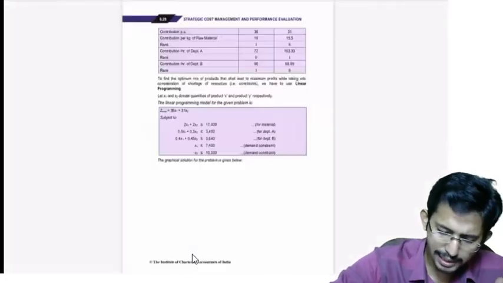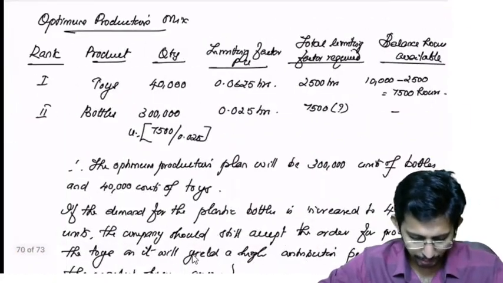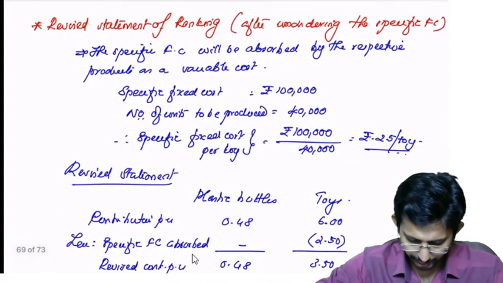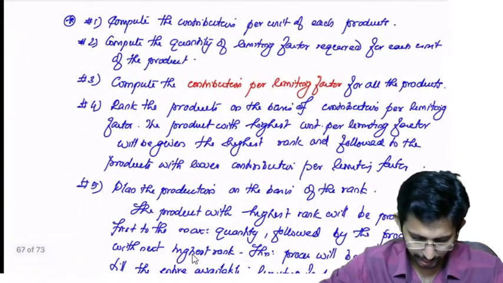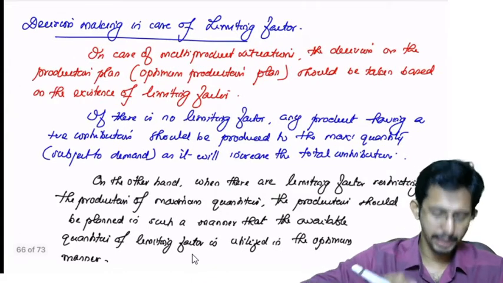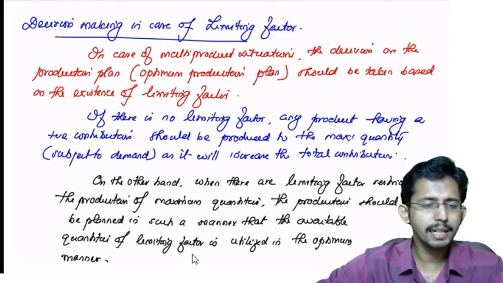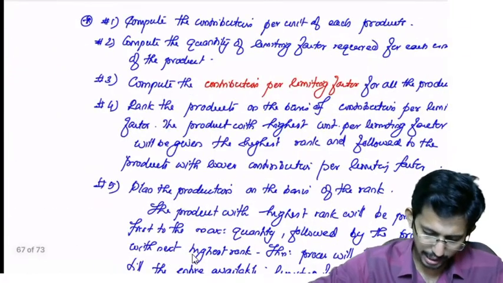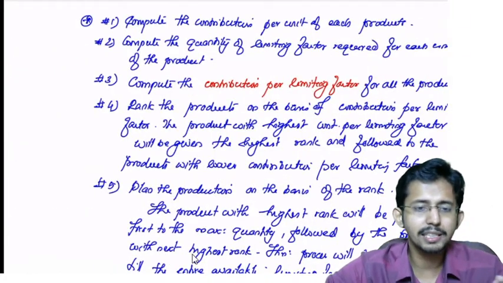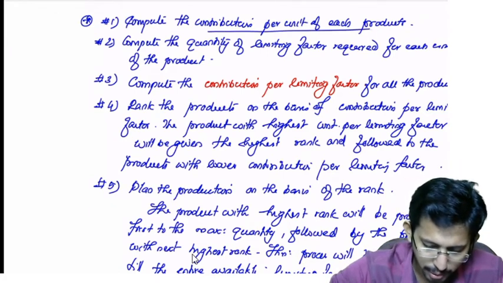Friends, we have already seen the same principles in the previous questions. When I explained the previous questions, I gave you certain steps. This is the notes for the previous day, decision making in case of limiting factor. So what did we do in this session? If you see the steps, step 1 was compute the contribution per unit of each product.